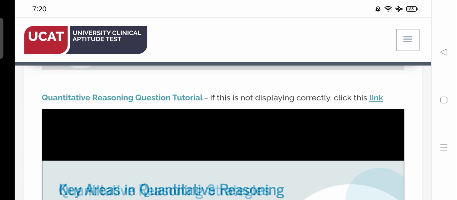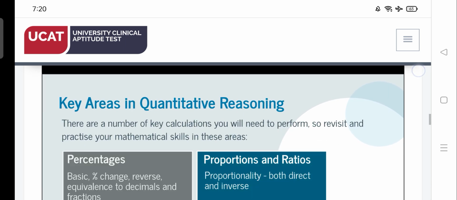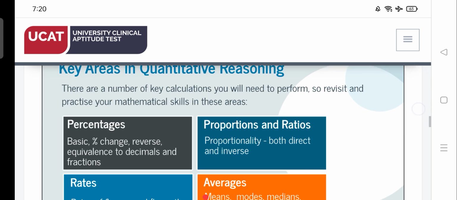And then next we have key areas in quantitative reasoning. There are a number of key calculations you will need to perform, so revisit and practice your mathematical skills in these areas.